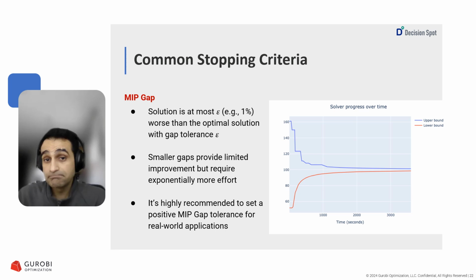And you can have different MIP gaps for different objectives. But again, since there are trade-offs in multiple objectives, and most people can't have a definitive answer on what they may compromise in one objective for a better value in another, what I've seen is that setting higher values of MIP gap usually creates less of a dramatic response from the stakeholders.